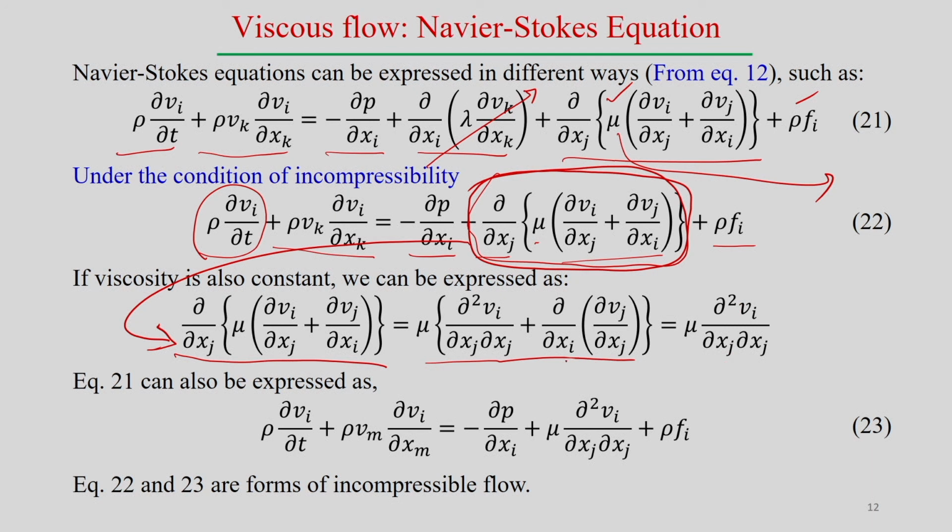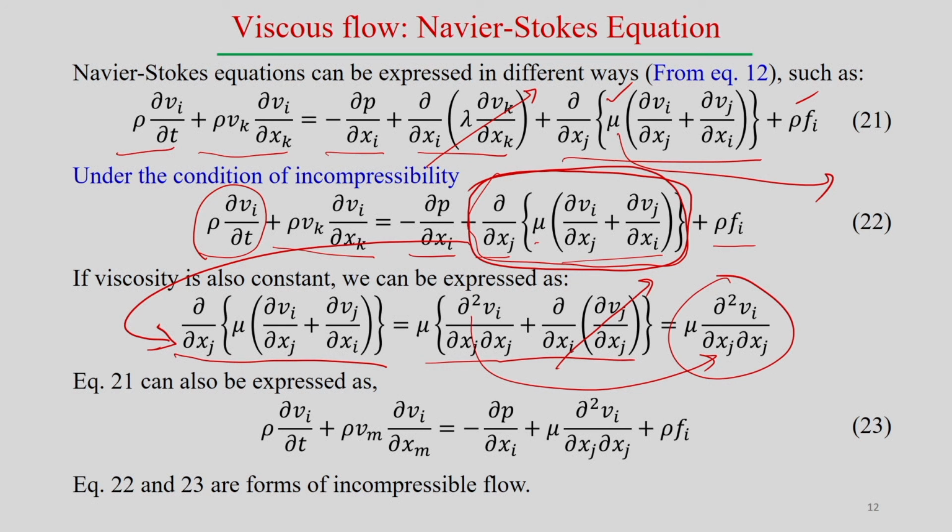But what about this other component? This component becomes 0, because if you follow the continuity equation, this term becomes 0. So, finally, we can simplify this part to this one single component.